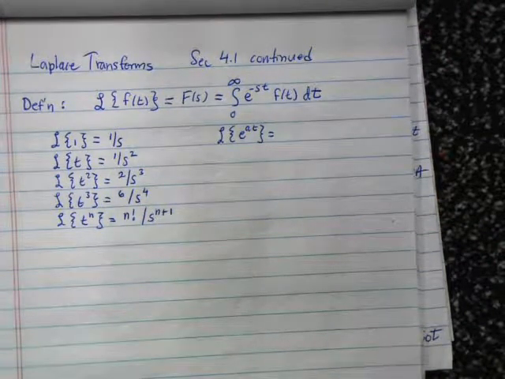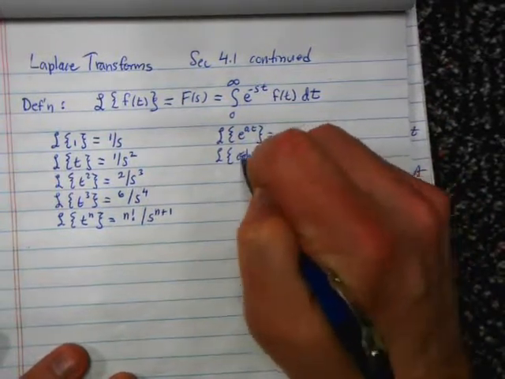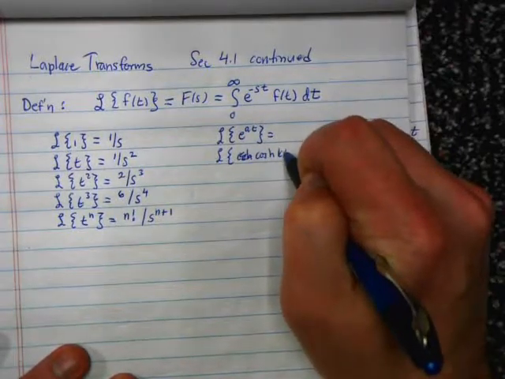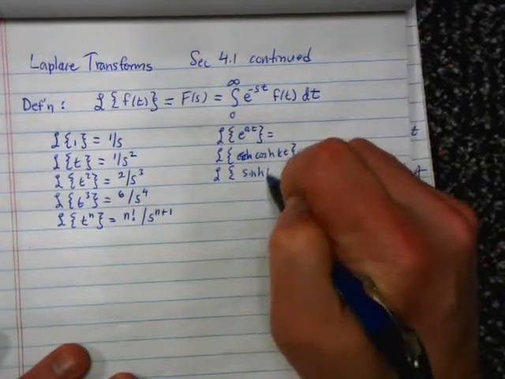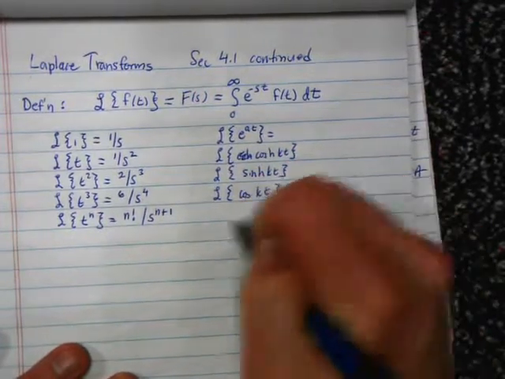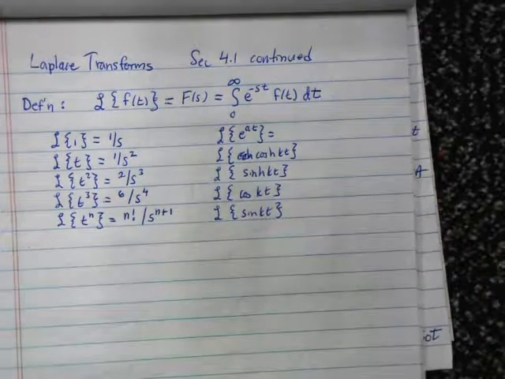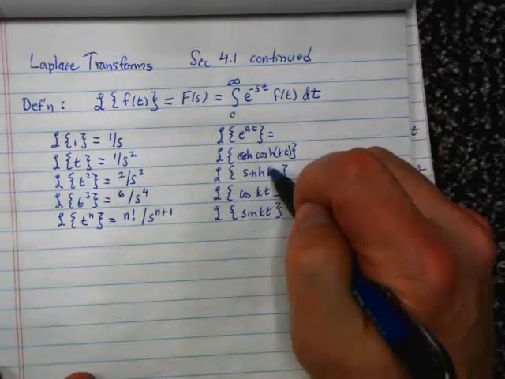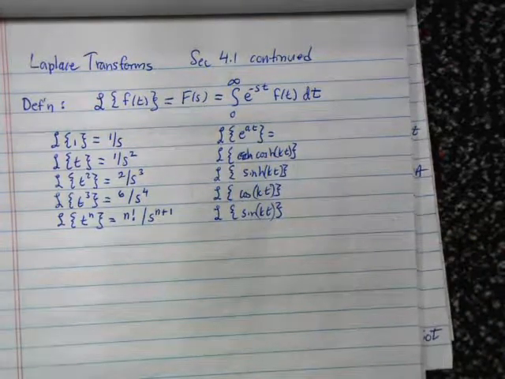Laplace transform of e to the at. Then the functions of kt: hyperbolic cosine of kt, hyperbolic sine of kt, cosine of kt, and sine of kt. We'll find the Laplace transform for all those functions. And then we'll add one more.